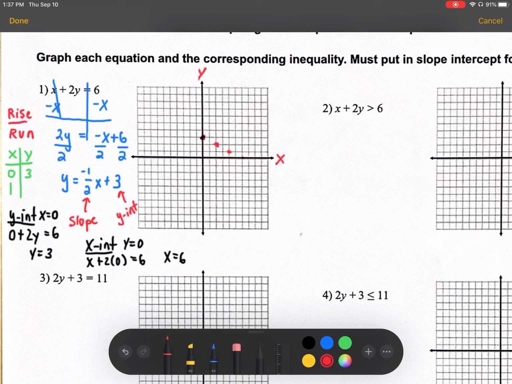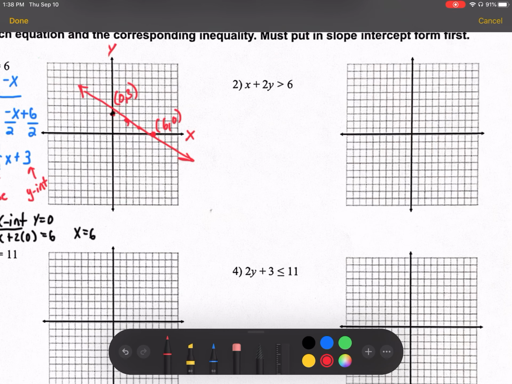So from our y-intercept, if we went down 1 over 2, down 1 over 2, then it could look like that. So then we have 1, 2, 3, 4, 5, yep, 6. So this is that point (6, 0). And then this is our y-intercept of (0, 3). So you could plot your x- and y-intercepts, and you could draw the line in between those two. So that's 3 different methods that you can go with: making a table, figuring out your slope and y-intercept, or doing your x- and y-intercepts.